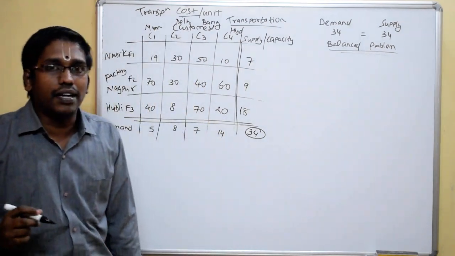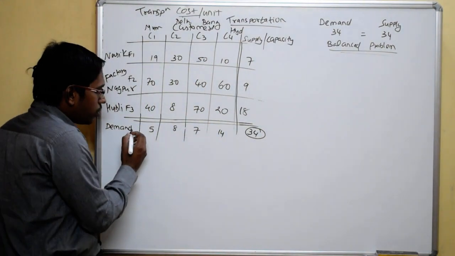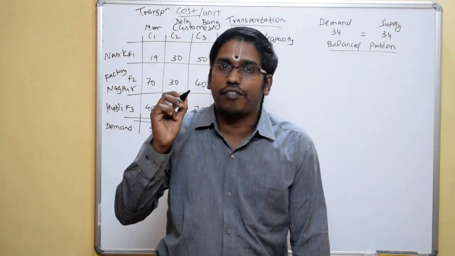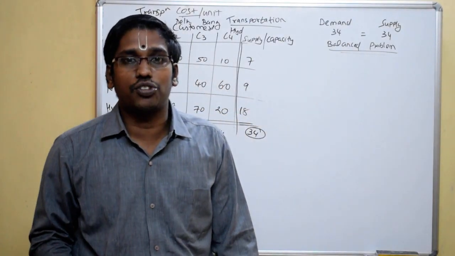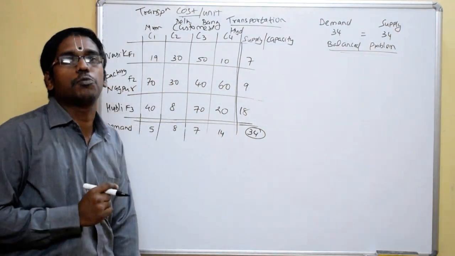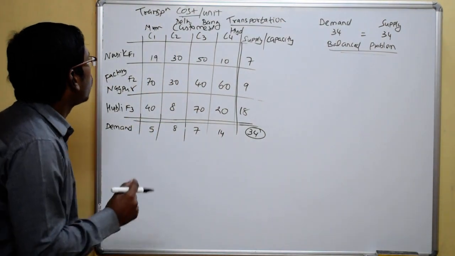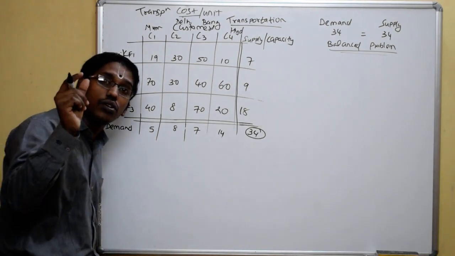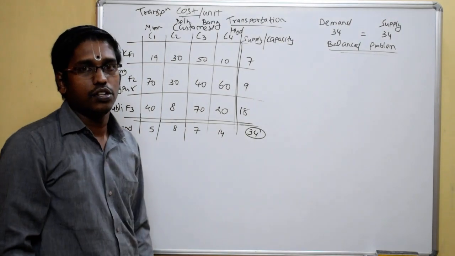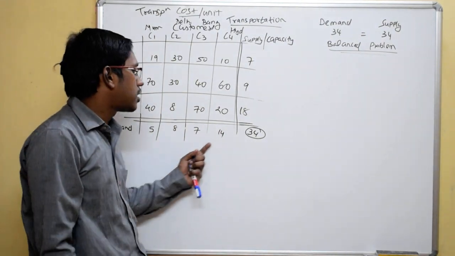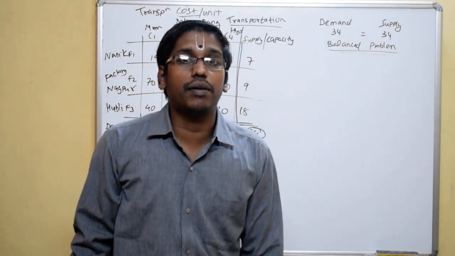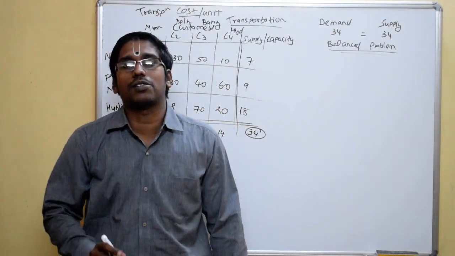For a company, what matters is that I need to ensure that the demand of all my customers is satisfied in such a way that my total transportation cost remains minimum. Therefore, the objective of this topic is: how many units should I allocate from each factory to each customer so that the total customer demand is met and at the same time the cost to the company is as minimum as possible.